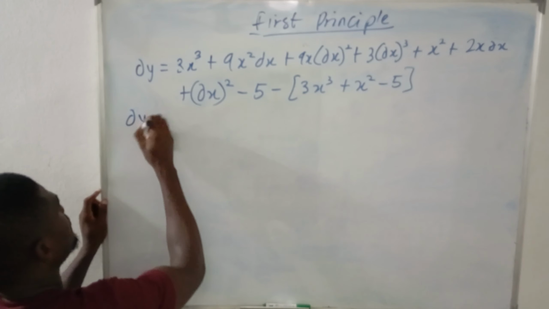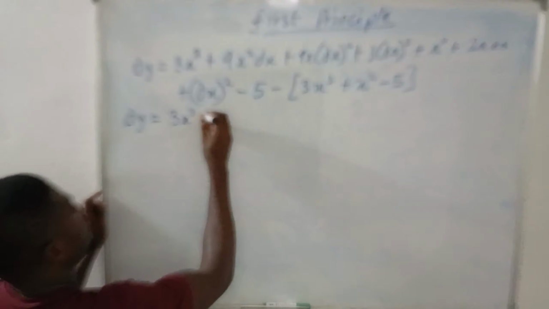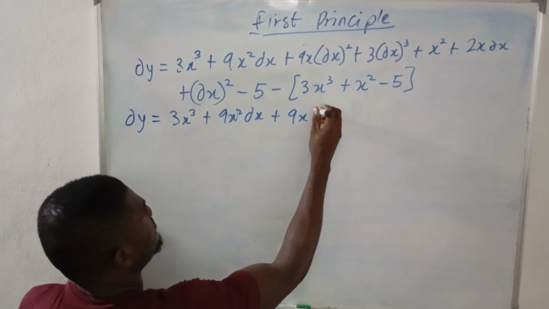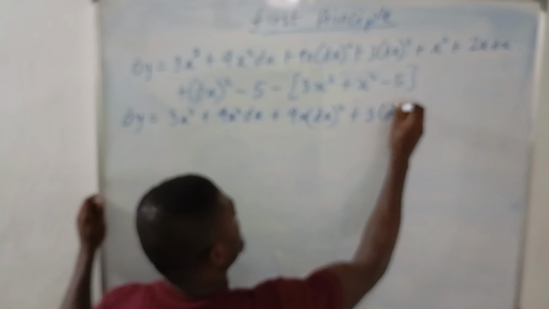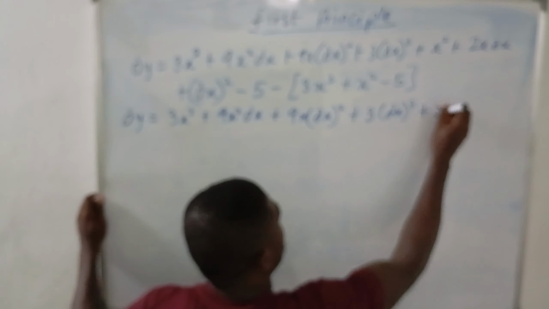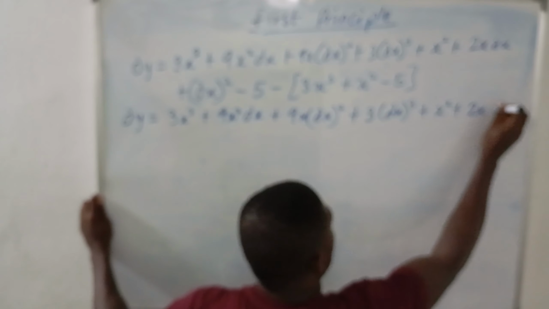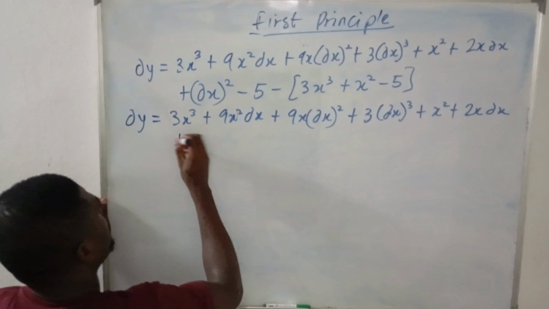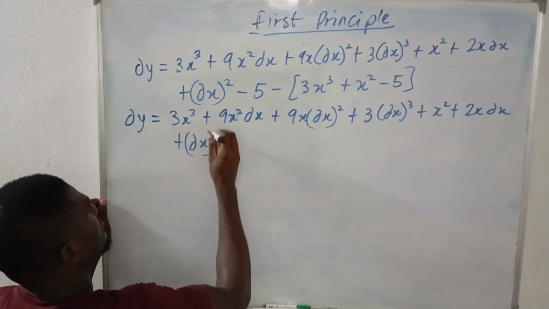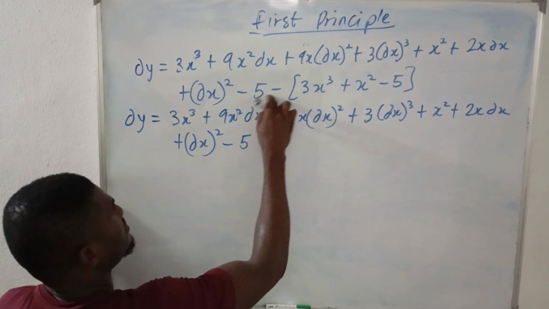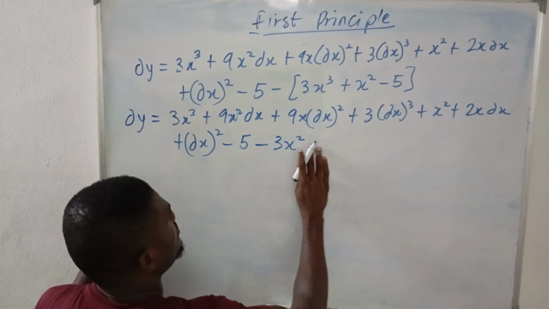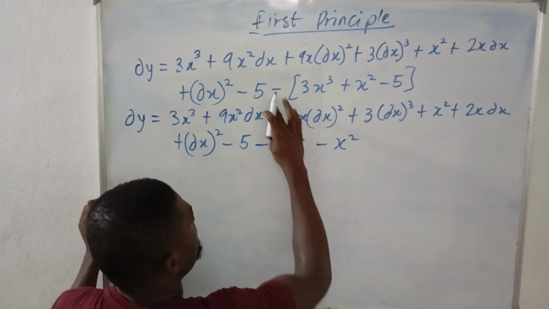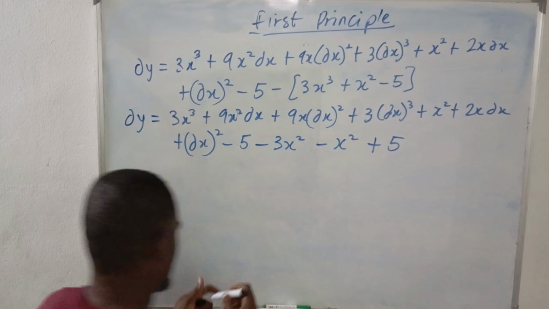So we now say that dy equals 3x cubed plus 9x squared dx plus 9x dx to the power of 2 plus 3 dx to the power of 3 plus x squared plus 2x dx plus dx to the power of 2 minus 5. Then minus into this, we have minus 3x cubed. Minus times plus, we have minus x squared. Minus and minus becomes plus 5.